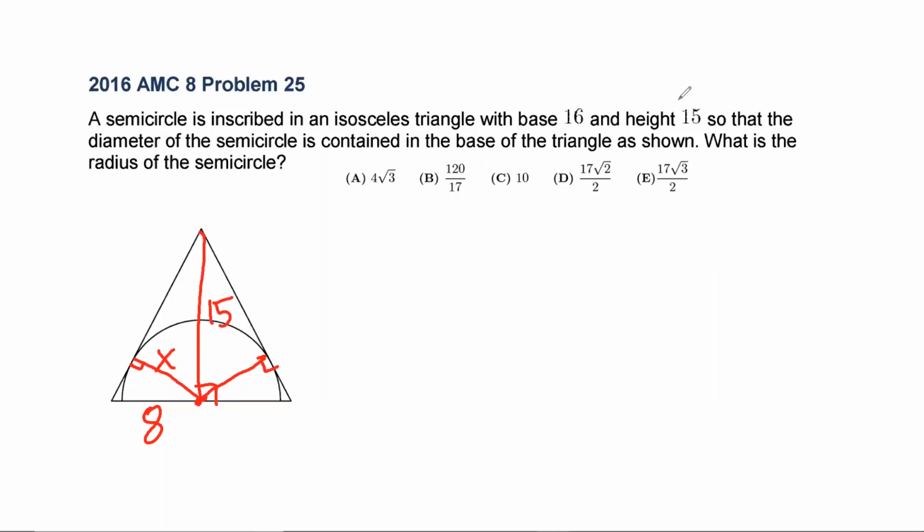We can figure out every side of the isosceles triangle because we have a right triangle with a base of 8 and a height of 15. If you remember your Pythagorean triples, you'll realize that this other side here must be 17, because 8 squared plus 15 squared is 17 squared. So then the side ratio is 8 to 17 is equal to x to 15.